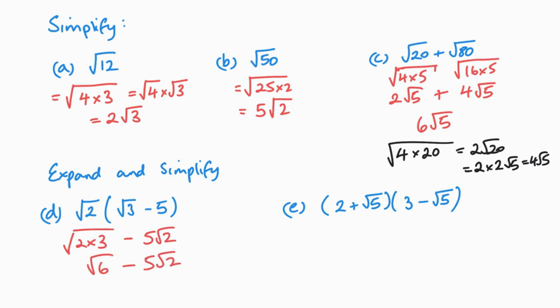And expanding brackets here. Remember, it's 2 times 3 is 6. 2 times the negative root 5 is negative 2 root 5. And I got root 5 times 3, 3 root 5. And then I got root 5 times negative root 5.